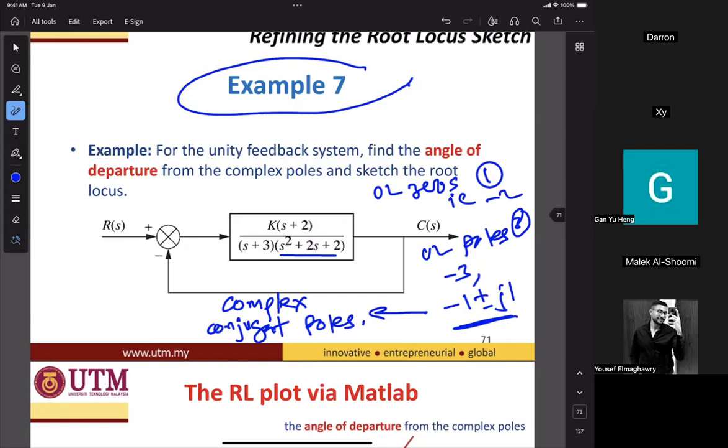Is -1 plus or minus j1 a complex conjugate pole pair, correct or not? Correct.